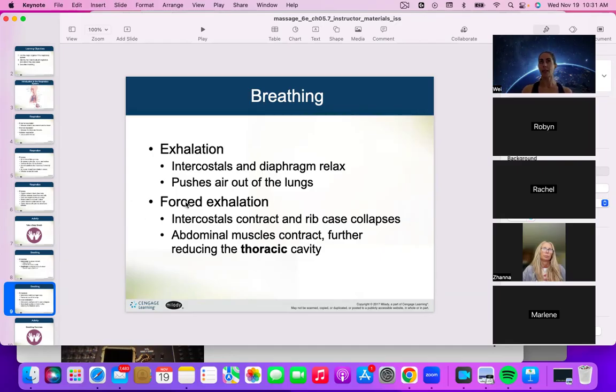Now, in the forced exhalation scenario, where we're pushing the air with force, the intercostal muscles and the ribs collapse and kind of tighten together. And the abdominal muscles also contract, which push into the diaphragm and into the thoracic cavity. So everything comes collapsing together, contracting together. That's what happens with forced exhalation.